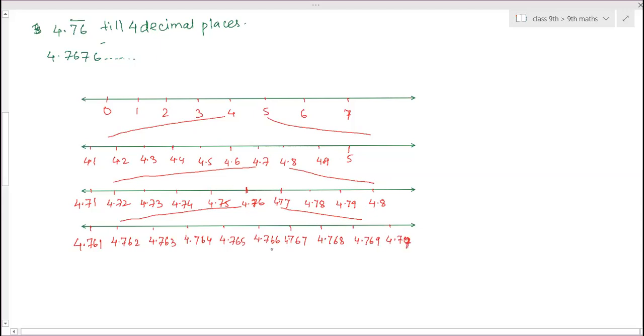So now we need 767. Here it is 767. Further, this part, 767 and 768, we have to magnify again.